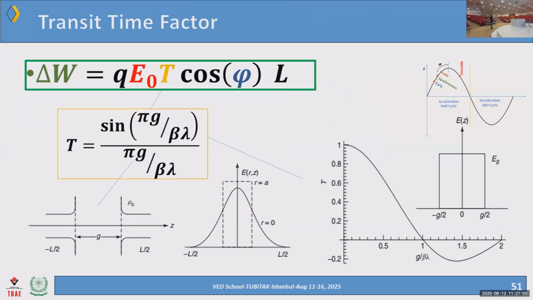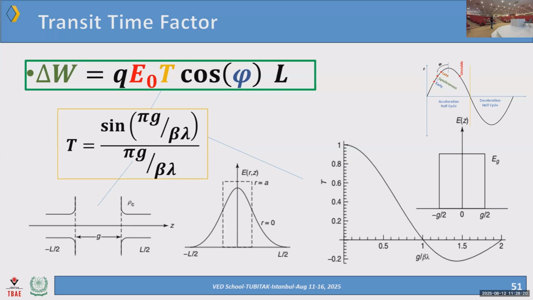Before we move on, we will be talking about this transit time factor. Imagine this particle enters a gap and travels from this point to the other. While it travels, it gains energy, and also the electric field is decaying. This is a model.